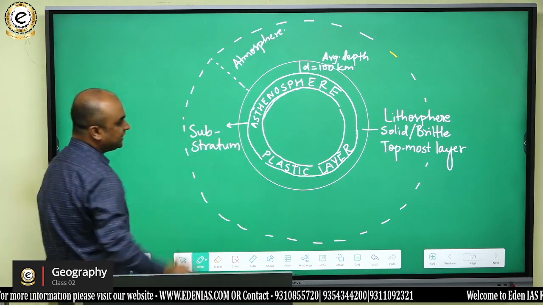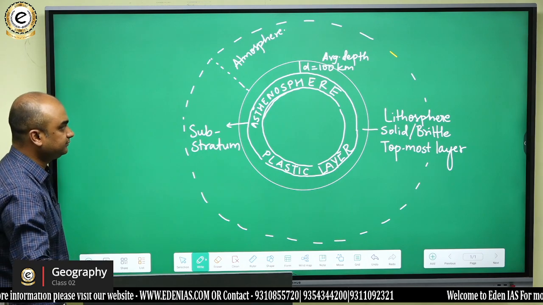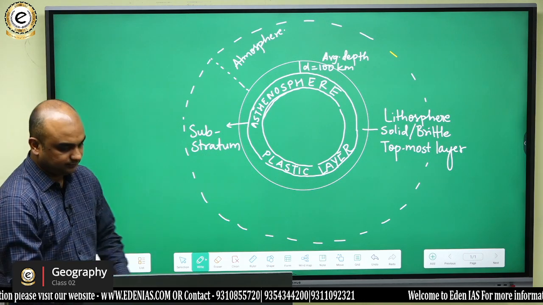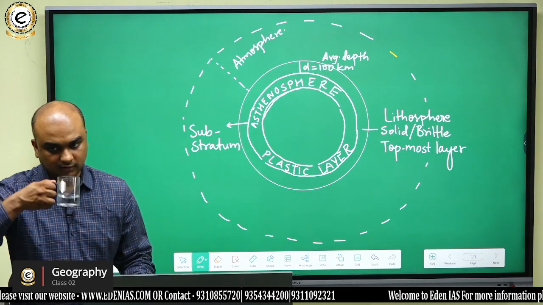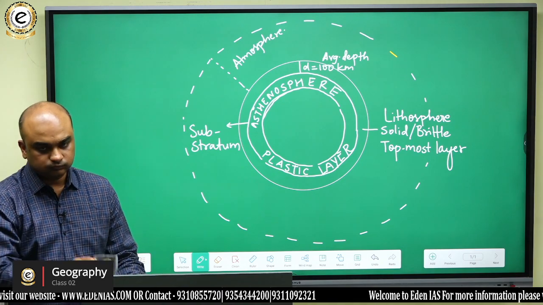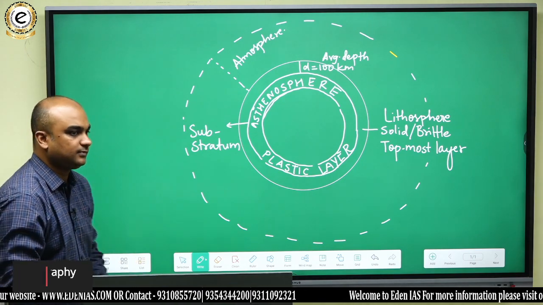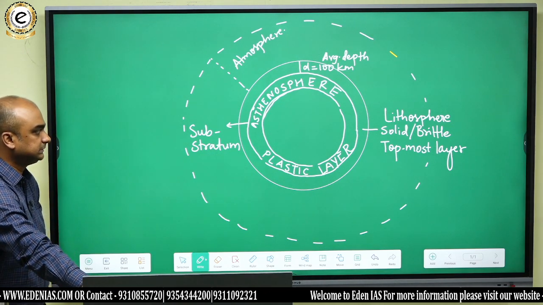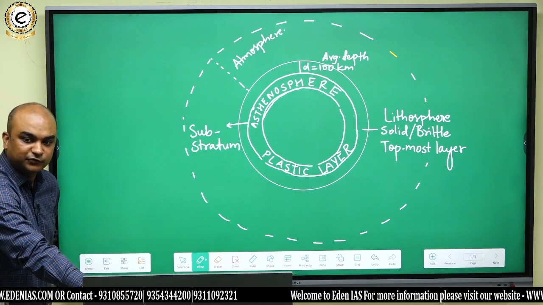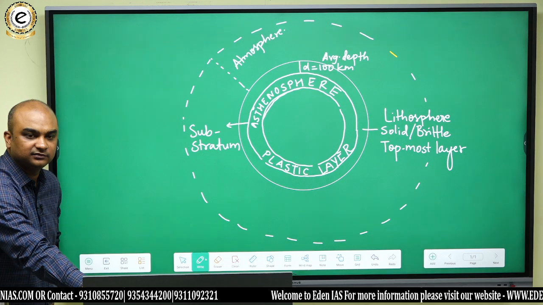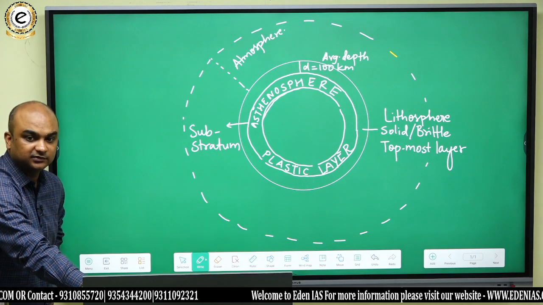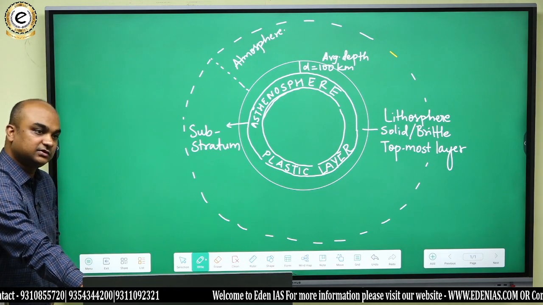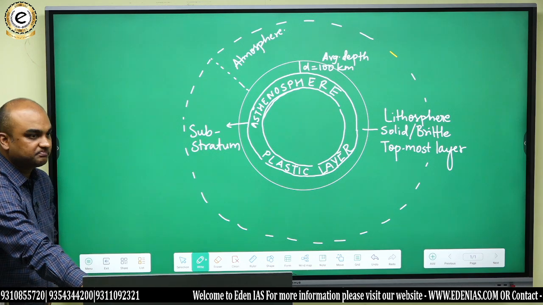Asthenosphere is also known as substratum. तो अब कंफ्यूजन तो नहीं है लिथोस्फीयर और क्रस्ट में? Which is more deeper? Crust or lithosphere? Lithosphere is more deeper, right?